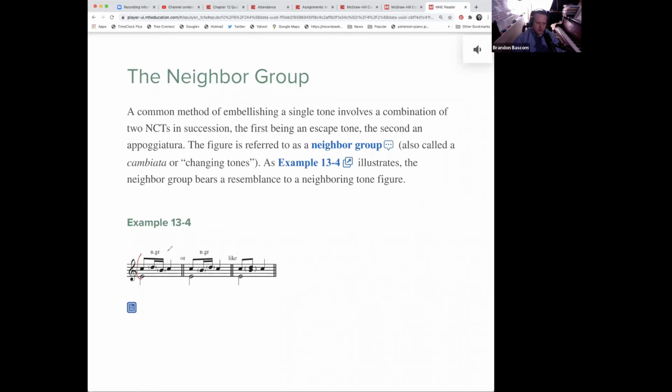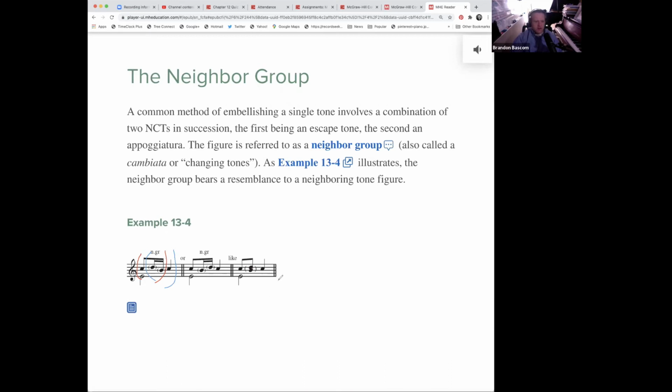You go up and then leap. And the appoggiatura is it leaps and then steps. But they both have to be right next to each other for you to see that it's a neighbor group.